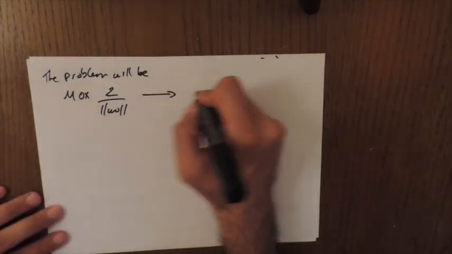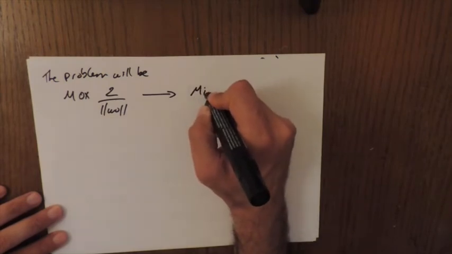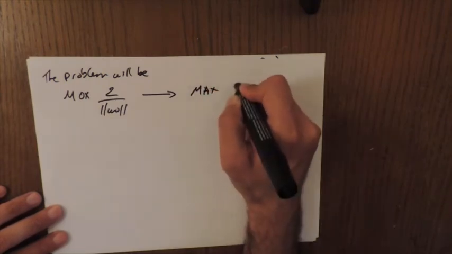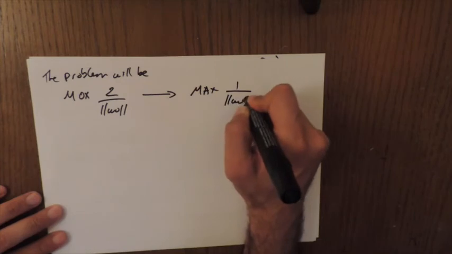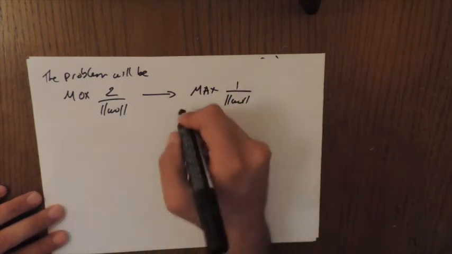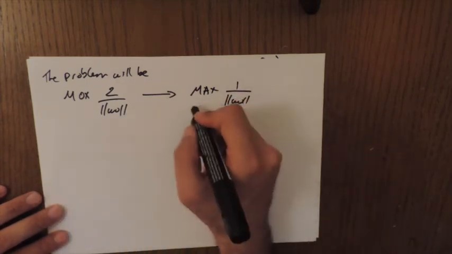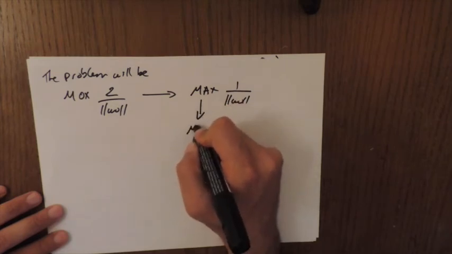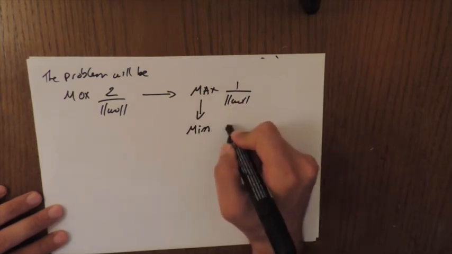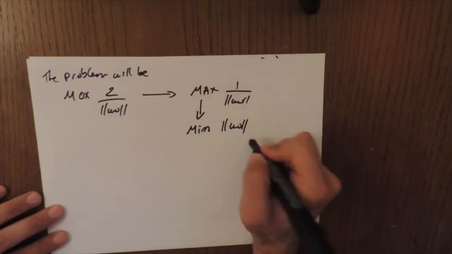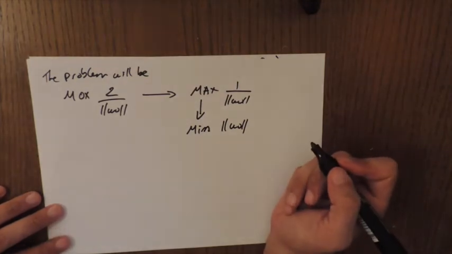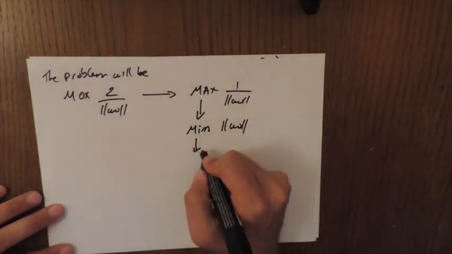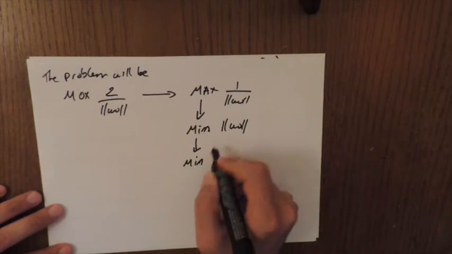This can be transformed to minimize or maximize 1 over w0. The 2 is irrelevant for us. We can go from here to saying, okay, I can minimize w0. So for convenience also, I will go to minimize.